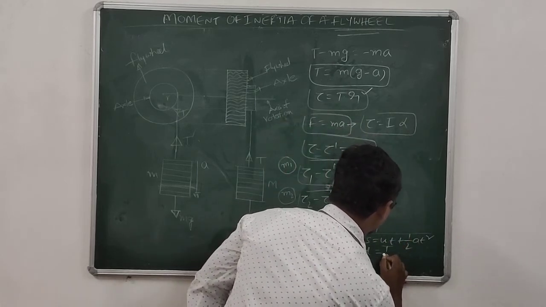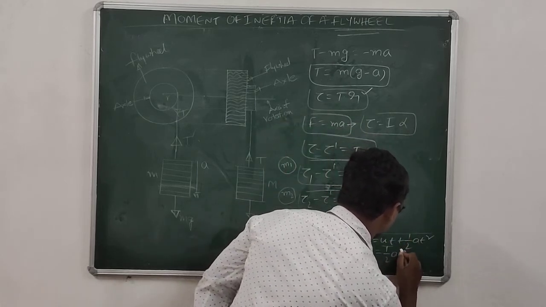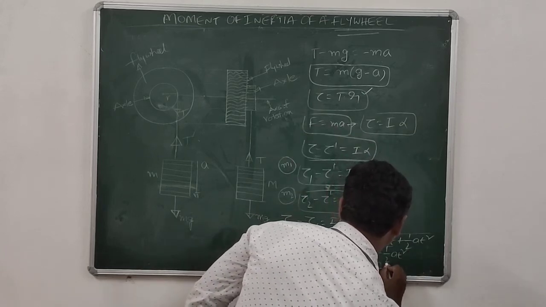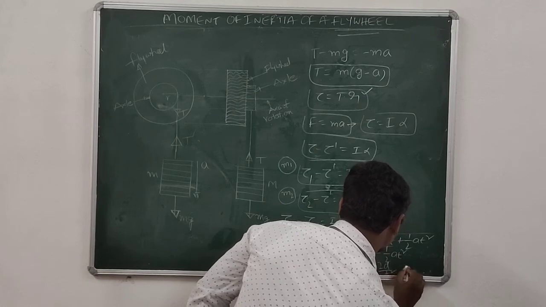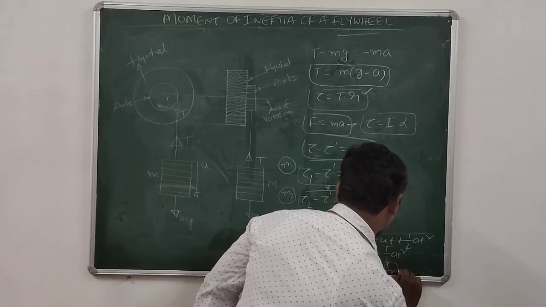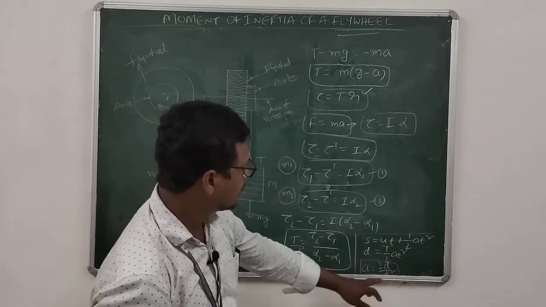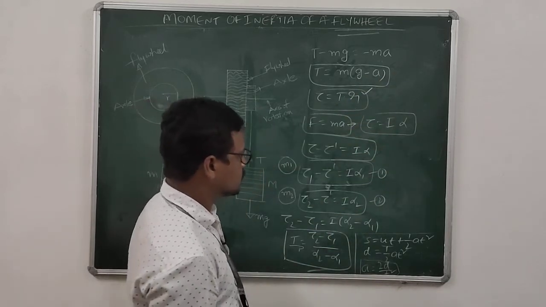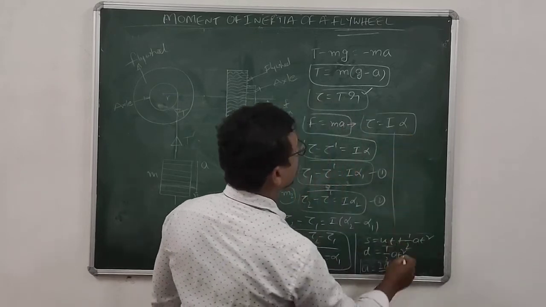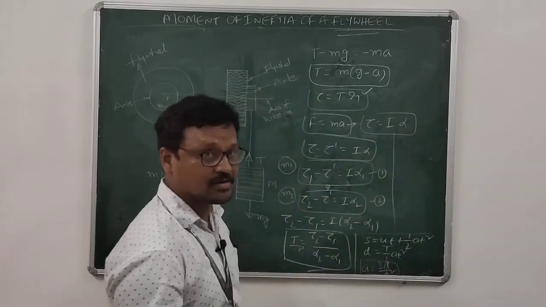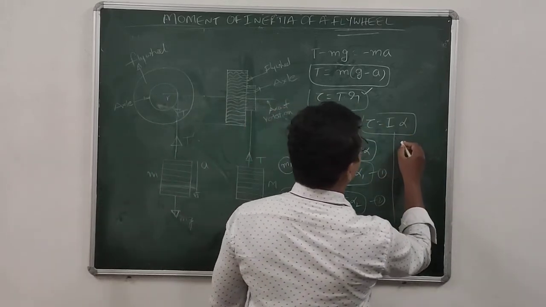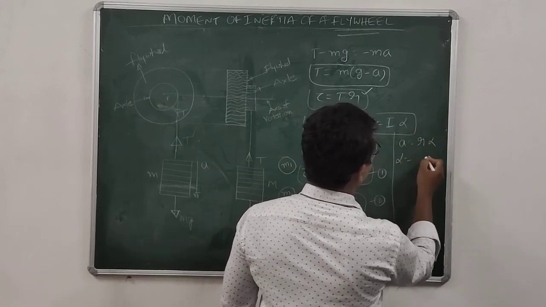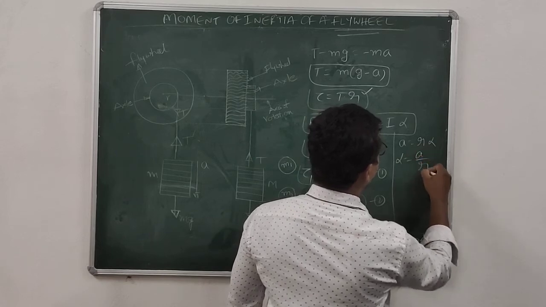For linear motion, d equal to half a t square, so a equal to 2d by t square. Using this expression, we calculate the linear acceleration. Then we know the relation between linear and angular acceleration, a equal to r alpha. From that, angular acceleration alpha equal to a by r.